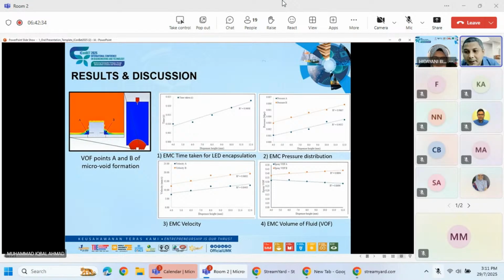By having that, if you are using the same or similar velocity of EMC but a different dispensing height, we can see the effect on the pressure distribution and the velocity distribution, and also on the VOF itself. These are the parameters whose output we want to see.